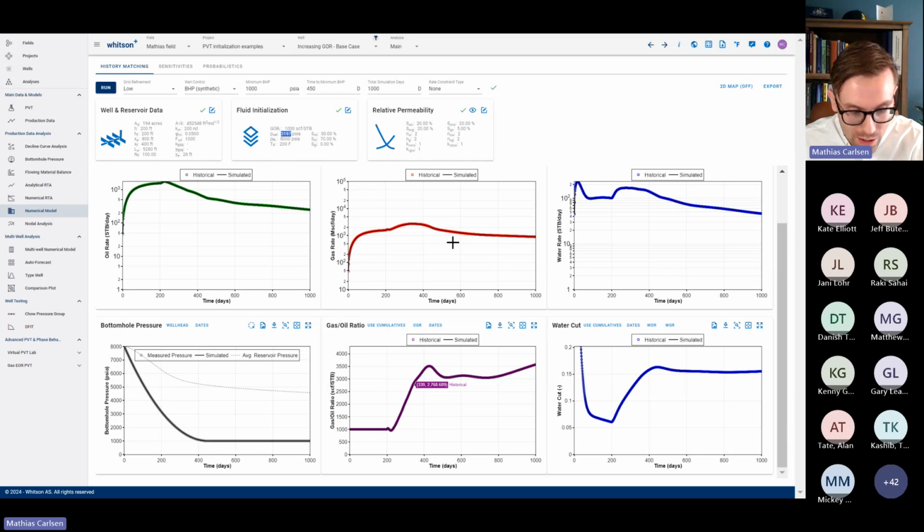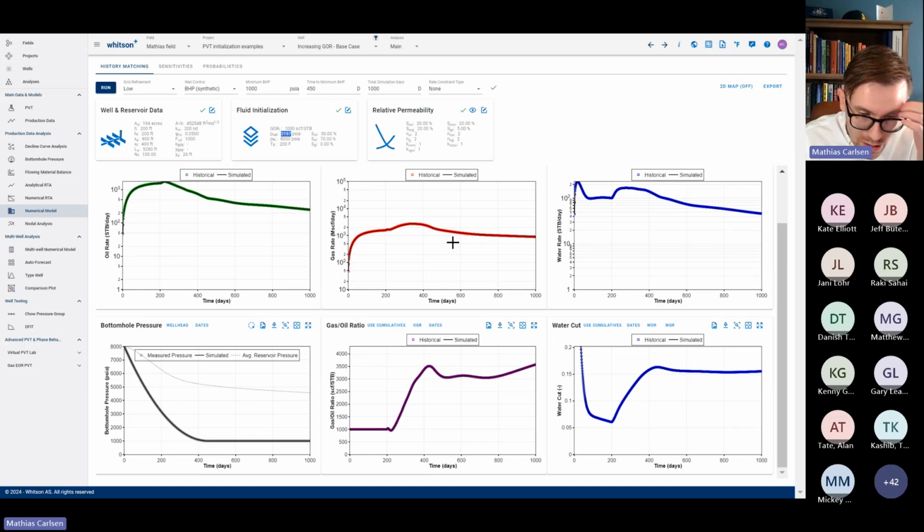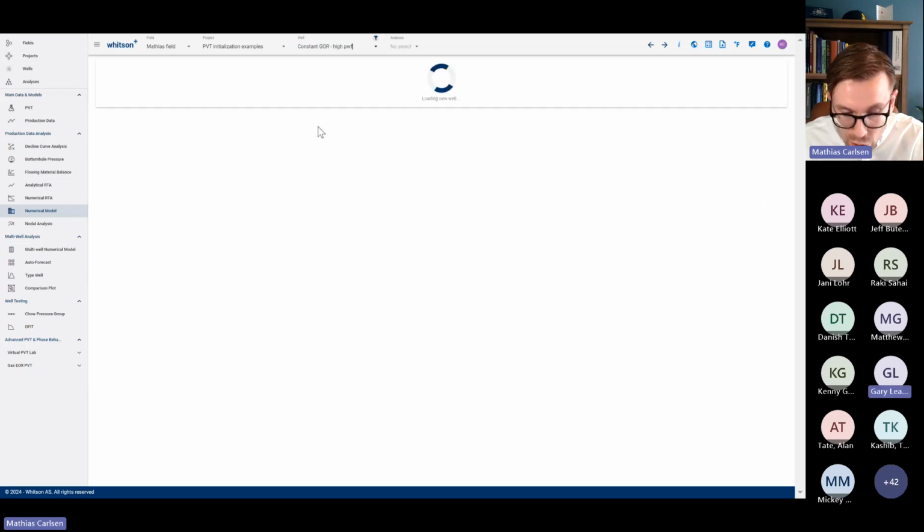But then you have these wells, as I talked about, that show you this constant GOR performance over time. So one plausible explanation that I think in general is typically not the case, but it is possible, would be that just your bottom hole pressure is high.